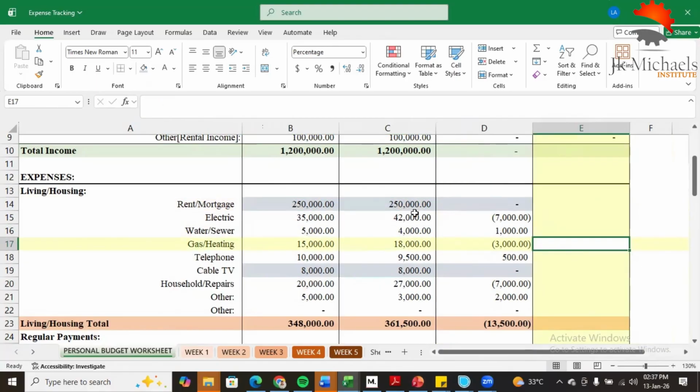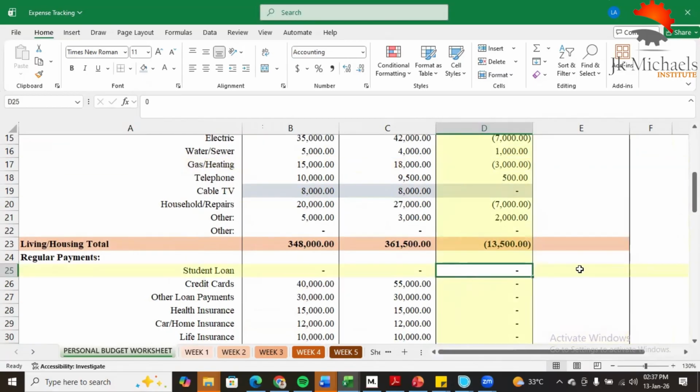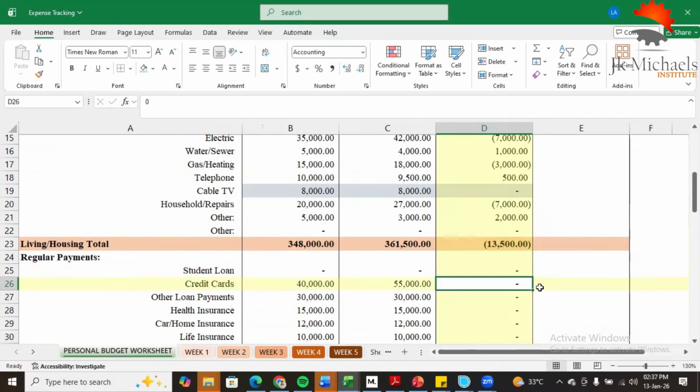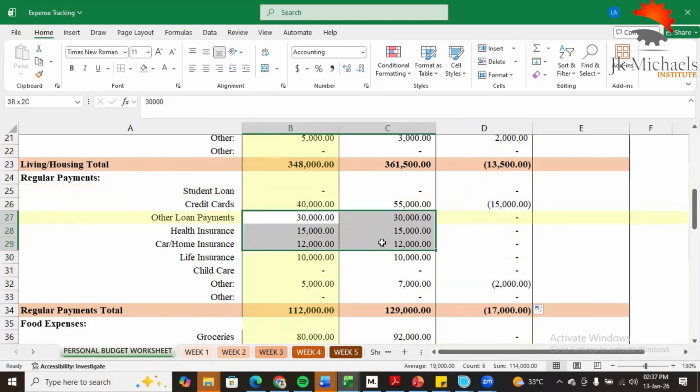Negative means you overspent, spent over the budget. Positive means you underspent, you were within or below the budget. Now, let's do regular payments. Budget minus actual. Again, there is no variance here. Let's come down. The same rule applies. Generally we did very well with respect to regular payments, but that's primarily because they are regular, right?